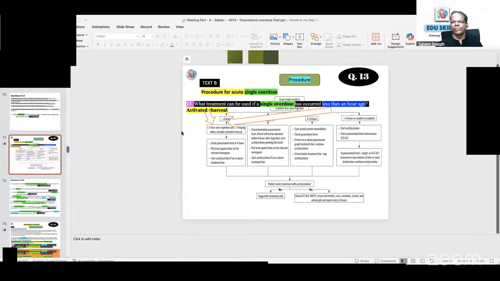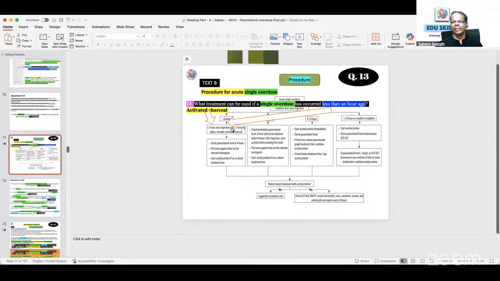They're asking what treatment. Consider activated charcoal. Consider means that is a treatment, right? Yes. In other words, what treatment can be considered if a single overdose has occurred less than an hour ago?